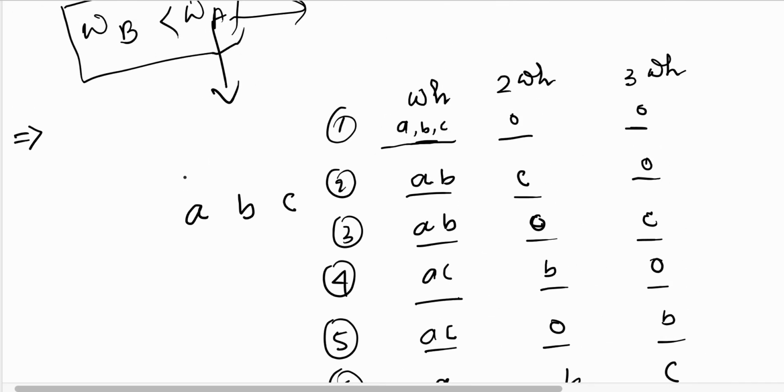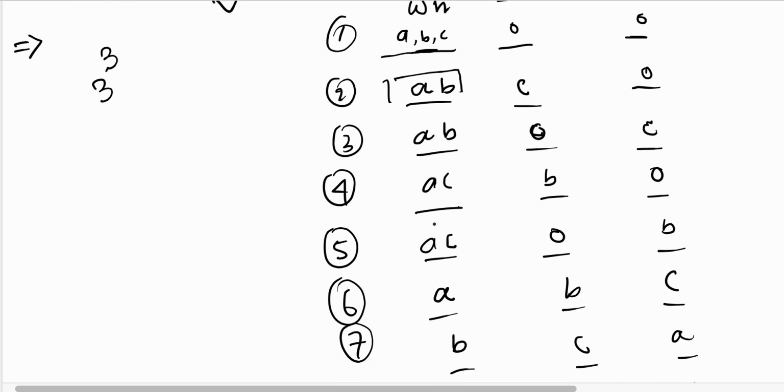There will actually be 27 possible ways, because I can put 3 individuals on 3 different stairs in 3 to the power 3 ways. For a particular configuration, suppose A B is fixed, I can put this configuration 3 ways.